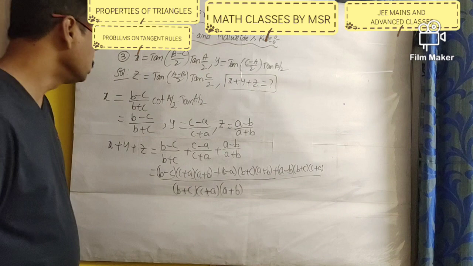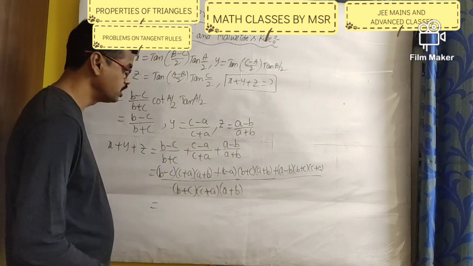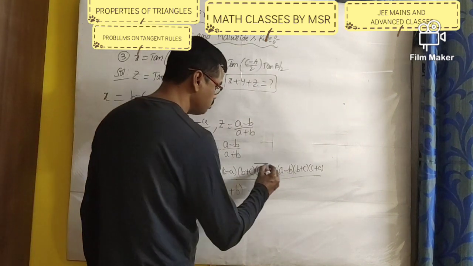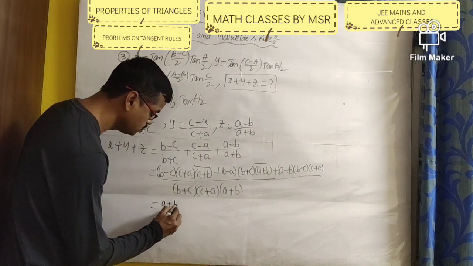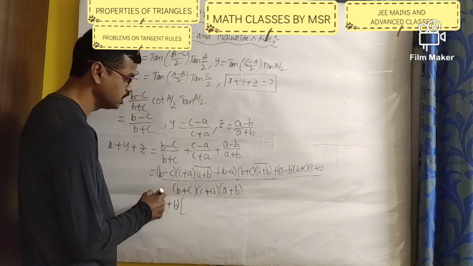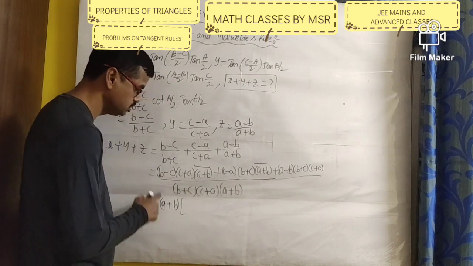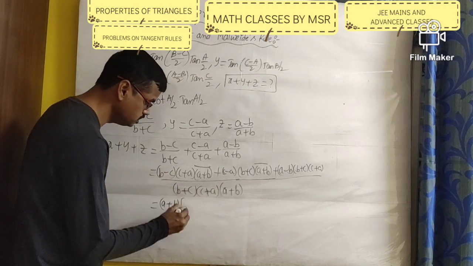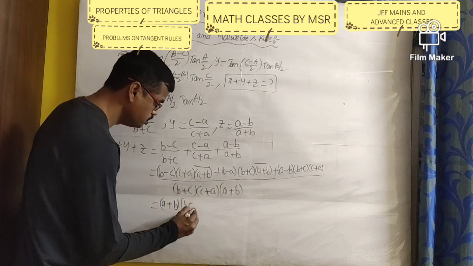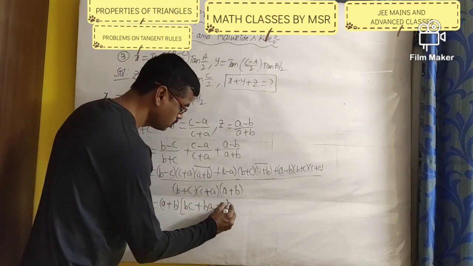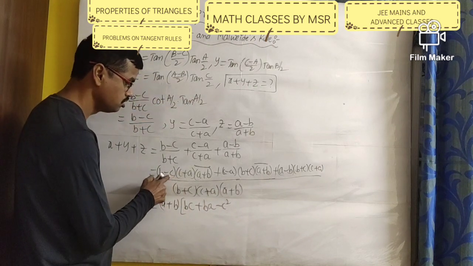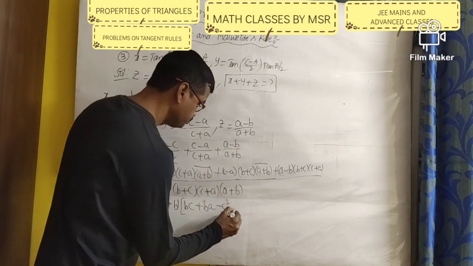So what is the next step? Simple. I will take (a plus b) common from the first two terms. Here I will get (b minus c) into (c plus a), so I will simplify that: bc, ba, next minus c square and minus ac.